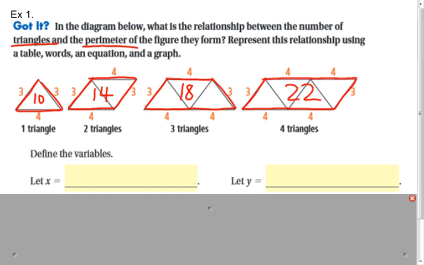So when it says define the variables, x is going to be equal to something, y is going to be equal to something. Okay? X is your independent variable. X is the thing that you are changing. Okay? And in this problem, I'm changing the number of triangles.